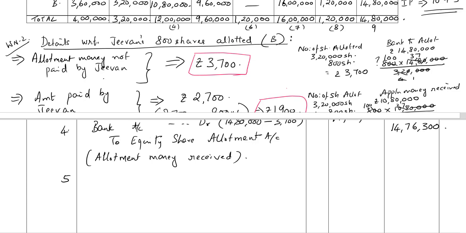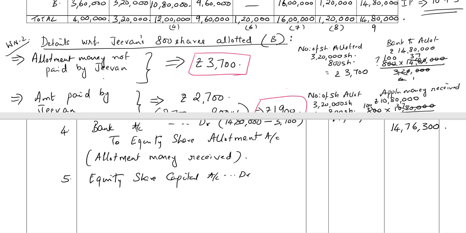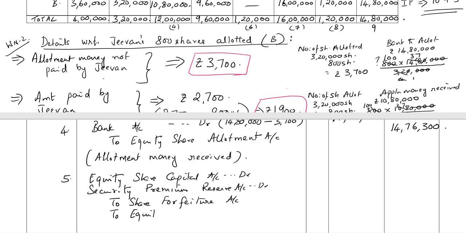The fifth entry, we'll forfeit G1's 800 shares. Equity share capital account debit. The allotment premium has not been paid by G1, so we will debit securities premium reserve account, to share forfeiture account, to equity share allotment account.